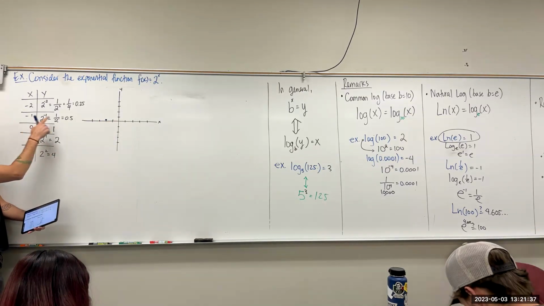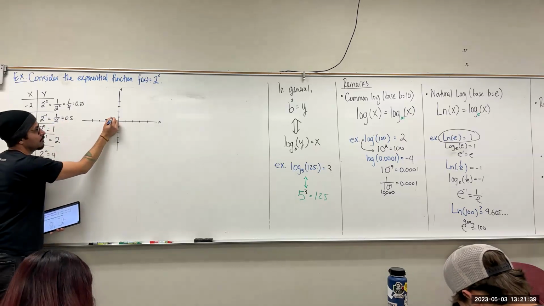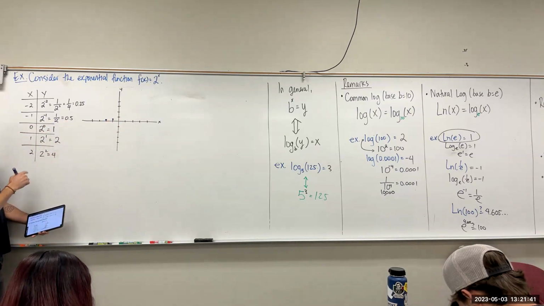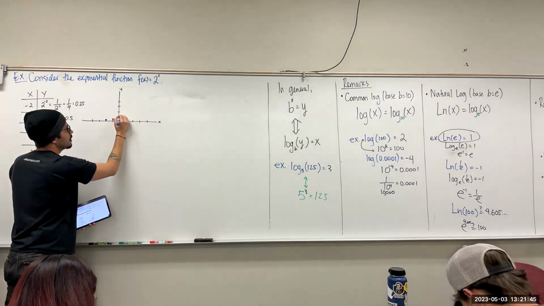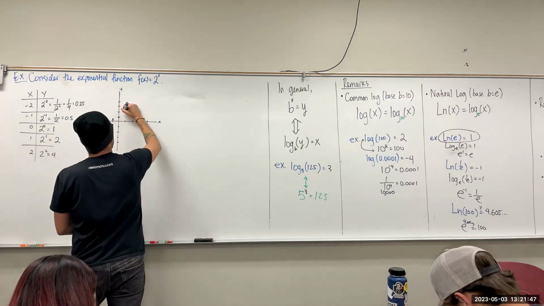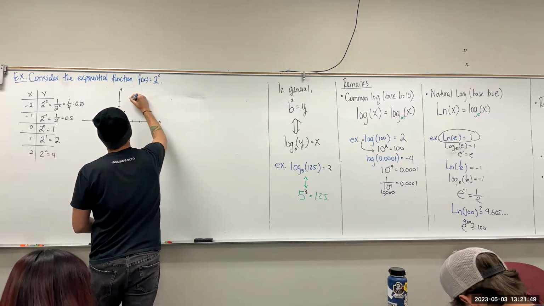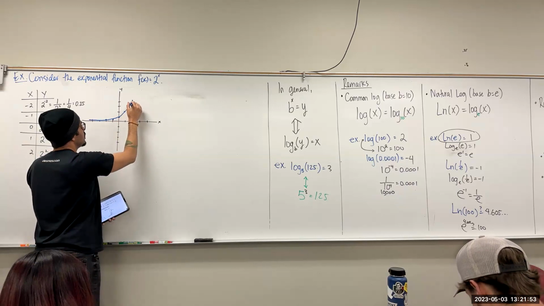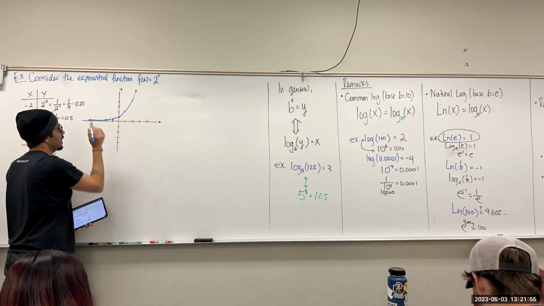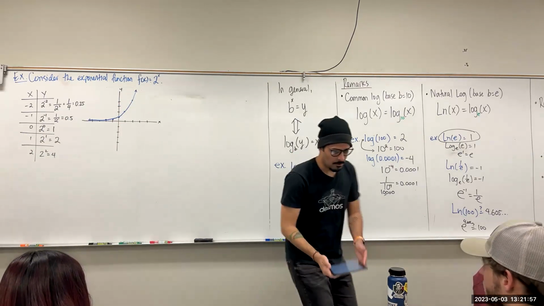At -1, it's a half, so we're halfway up. At 0, it's 1. At 1, it's 2. And at 2, it's 4. So this is matching what we did on Monday. Is that right?